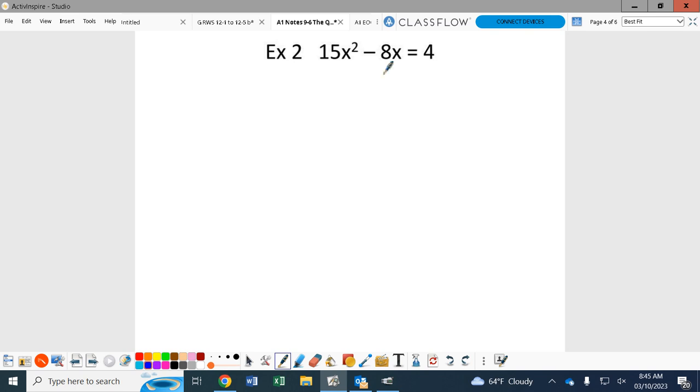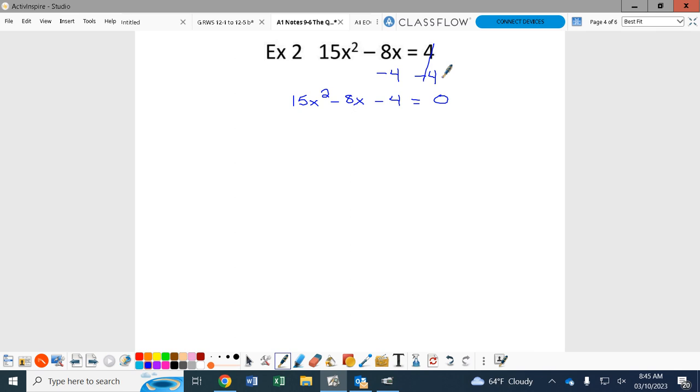So the first thing we're going to do is move this 4 back over to the other side. The only way to move a positive 4 over to the other side is to subtract it. We did that the first day we solved equations in here by moving those 1 steps over. Now it's going to be 15x squared minus 8x minus 4 equals 0. We can't combine anything.